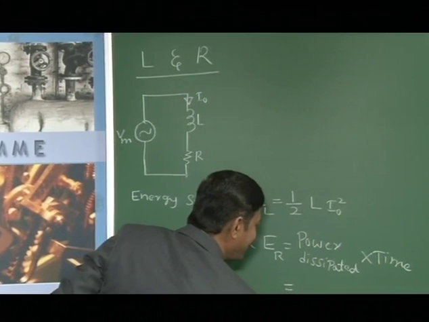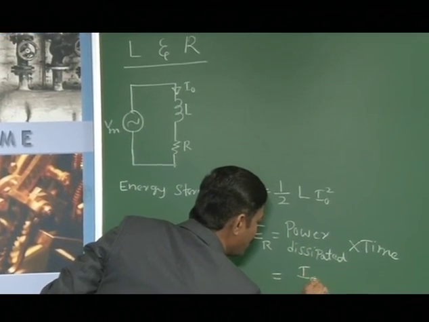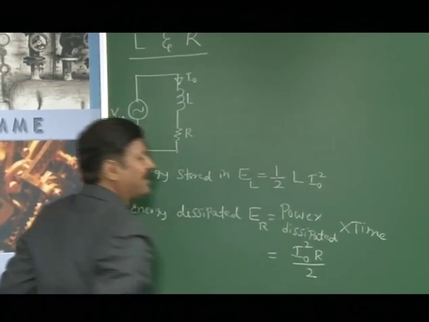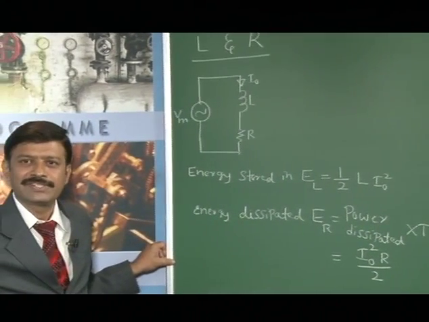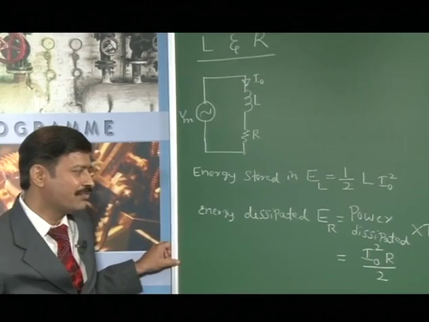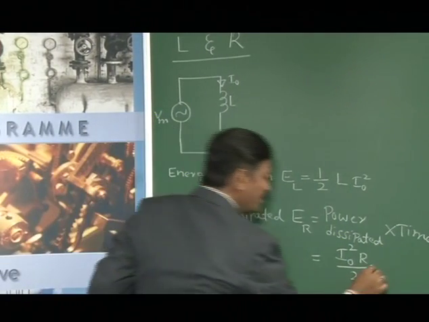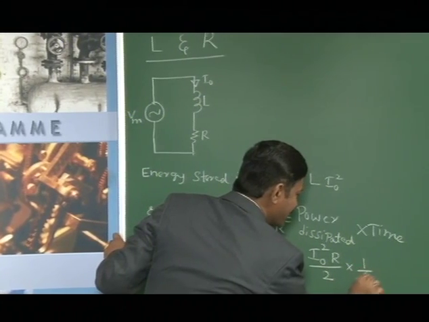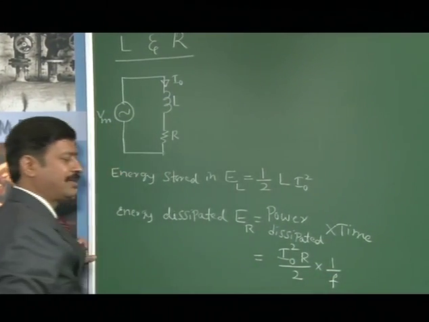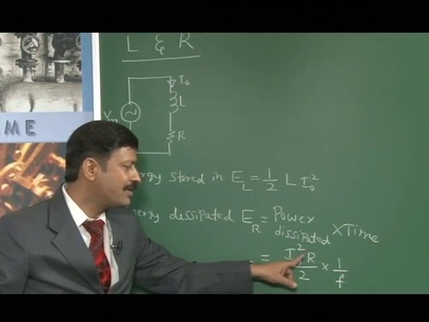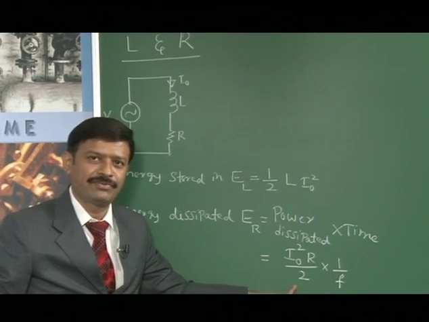Power dissipated can be written as I naught square R divided by 2. It is the RMS value. Straight away I have taken the RMS value of power, it is half power I have taken here, into time, which can be written as 1 by F. So ER can be written as I naught square R by 2F.